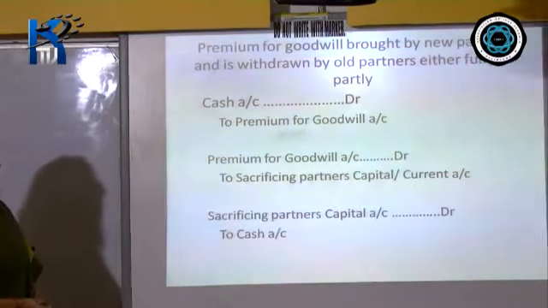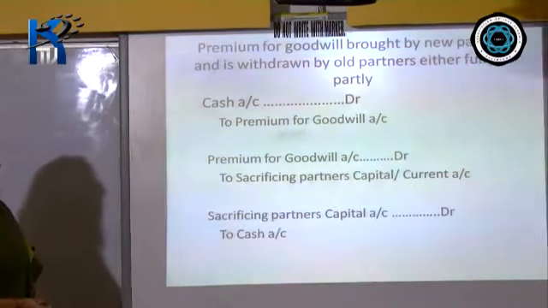So if the goodwill is given to you in the question, that means it does not belong to the new partner. The new partner does not have a say on the items which are given in the balance sheet. So goodwill is very much there in the balance sheet. If it is there in the balance sheet, it has to be written off against the old partners' capital.